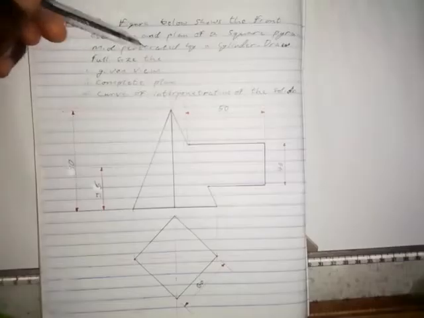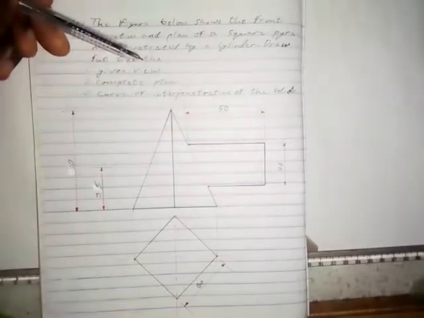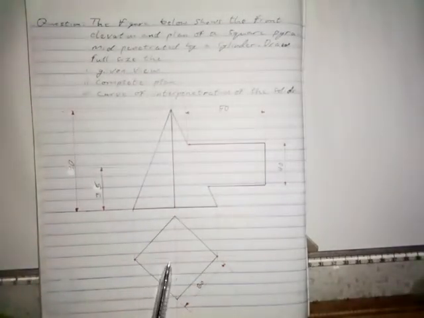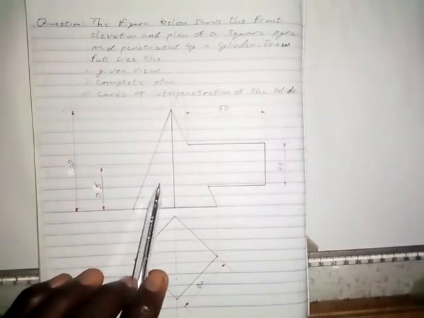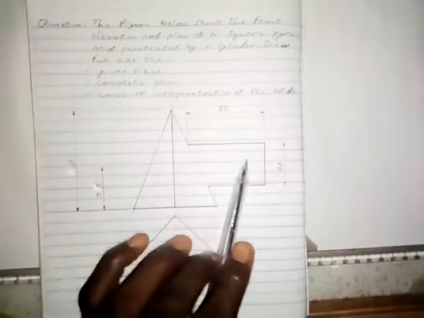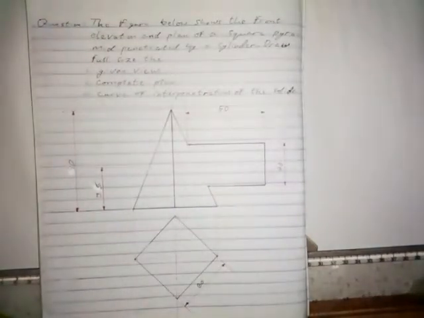Draw full size: Roman figure 1, the given views; Roman figure 2, the complete plan; Roman figure 3, the curve of interpenetration of the solids. As you can see on the screen, this is the plan of the square pyramid, and this is a cylinder that penetrated the square pyramid.